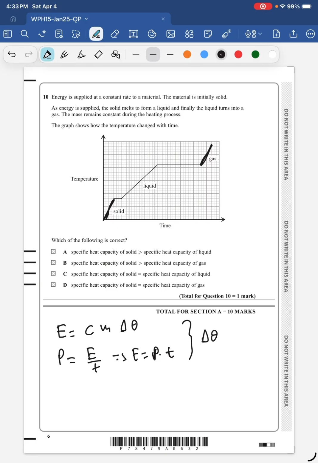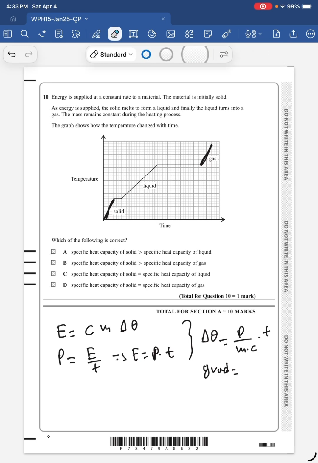Delta theta is equal to P over M times C times time. Okay, so this is a linear graph with a gradient. So the gradient is proportional, because we don't care about the equality. The gradient is proportional to 1 over C.